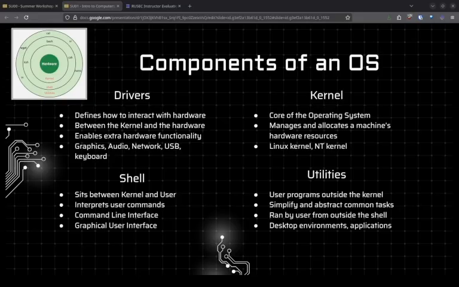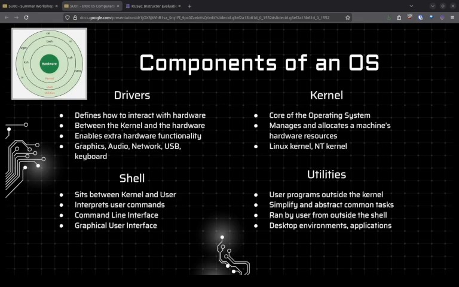Last but not least, we have utilities. These are basically any programs that you might want to run. They're also known as user space tools, and like I said, they're user programs which aren't part of the kernel, they're outside of it. Anything that you run, whether it is Zoom or Discord or your browser, that's a utility.